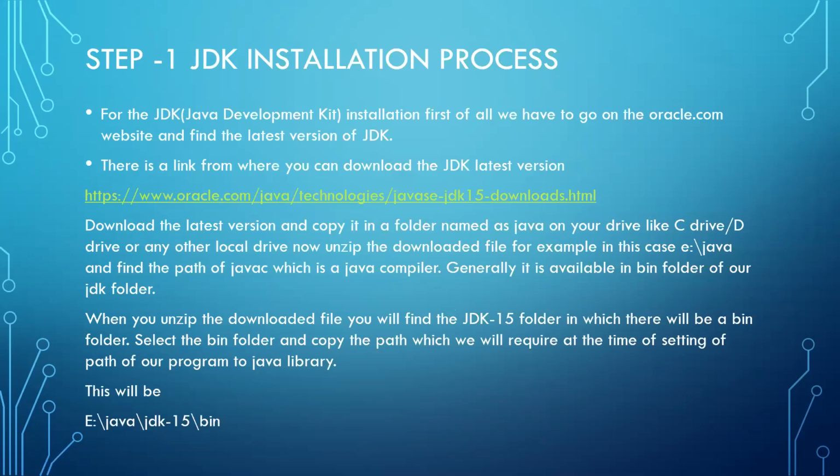So for hard work, first of all, you have to install a JDK. What is JDK? That is Java Development Kit. As we know, JDK provides a compiler as well as an interpreter for compilation and interpretation of our programs.